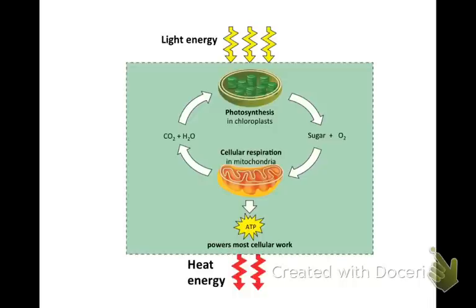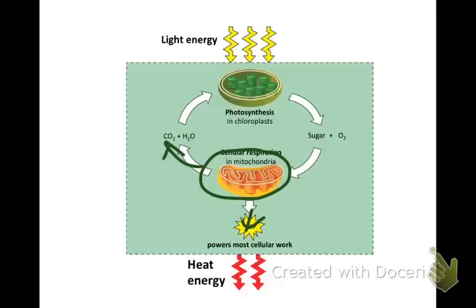So light energy is coming in from the sun. Yes, beautiful sun, beautiful green sun. The sun is going to be helpful for doing photosynthesis. In photosynthesis, we're producing sugar and oxygen, which are going to be used eventually in the cellular respiration part of things in the mitochondria to make ATP, and the byproducts of that are carbon dioxide and water.